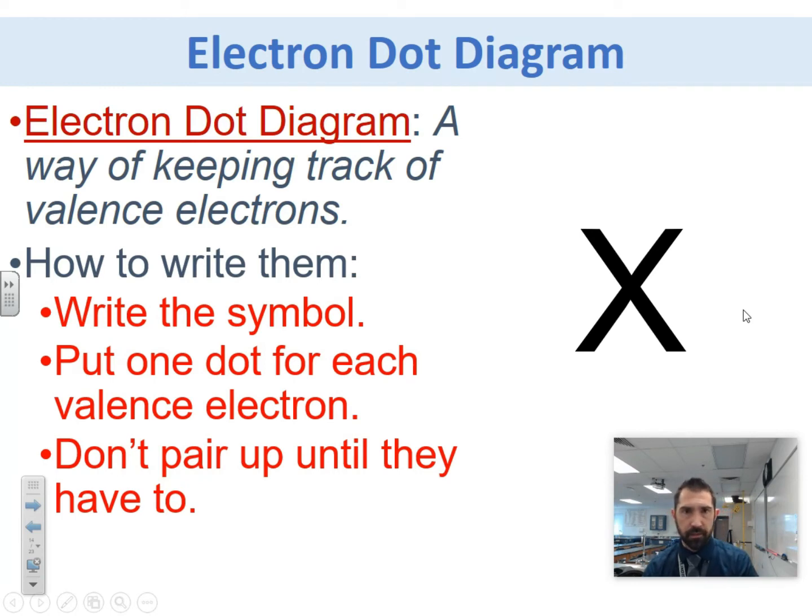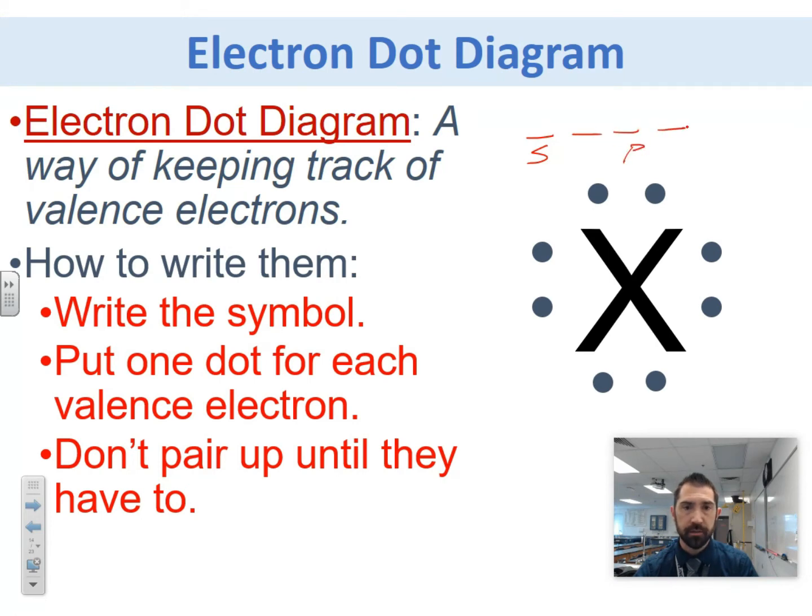Let's say that this X element has 8 valence electrons. So this is how we would organize them. And I think if you're following along, you'll notice a connection. Remember that the max amount of valence electrons you'll ever have is 8. And remember, they're coming from an S, which only has 1 orbital, and they're coming from P, which has 3 orbitals.